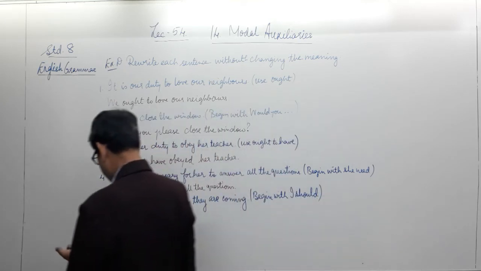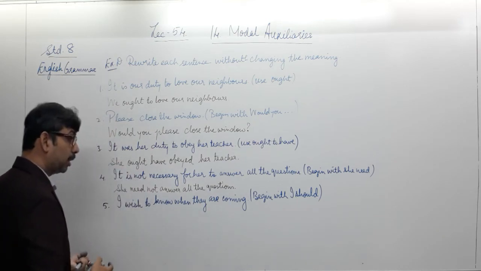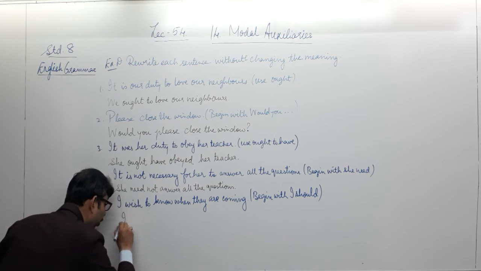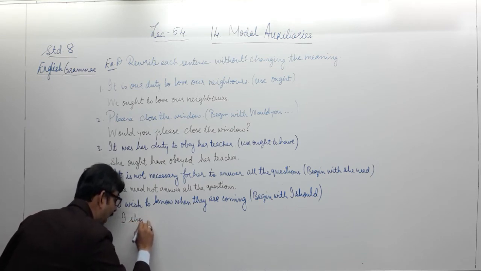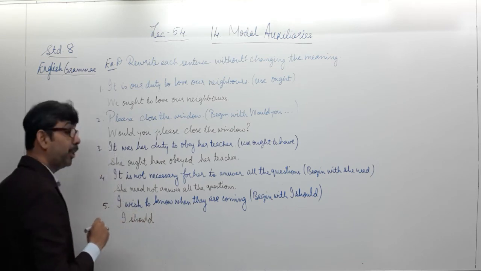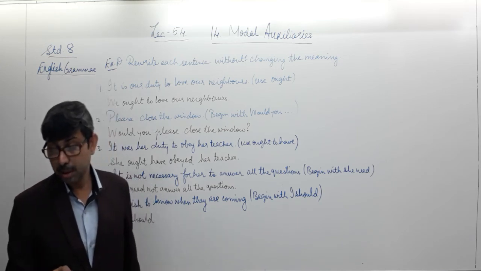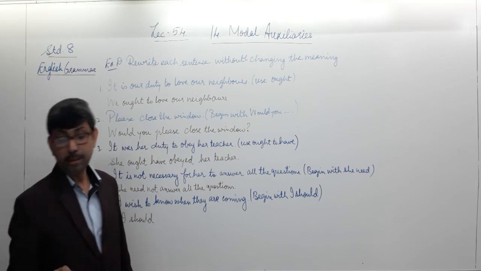So let us follow the instruction, beginning with the words I should. Let's write the answer. I should, and as you are expressing the desire or wish to know when they are arriving or coming, the answer would be written in this manner. I should like to know when they are coming.